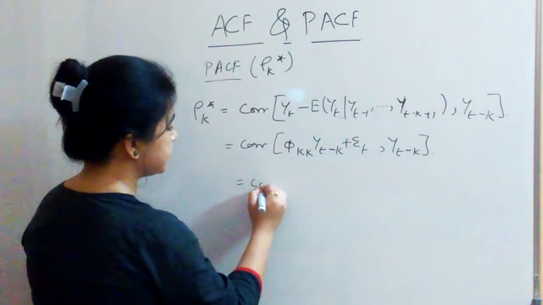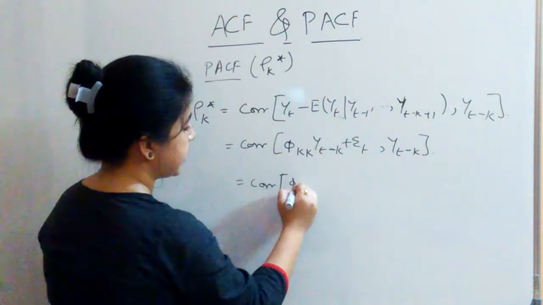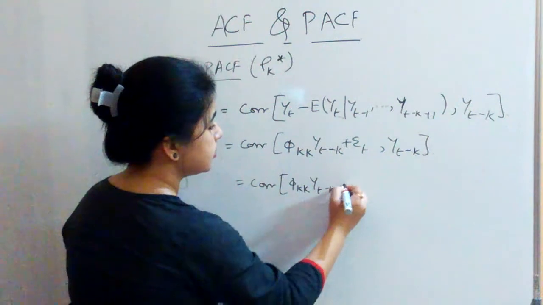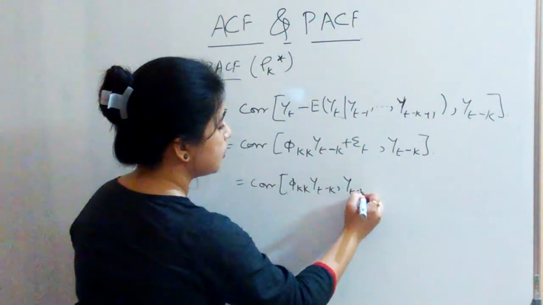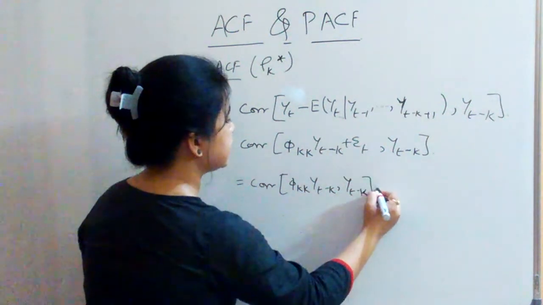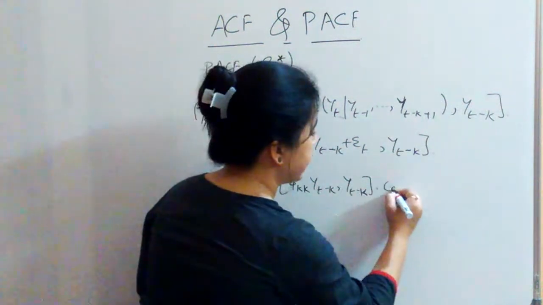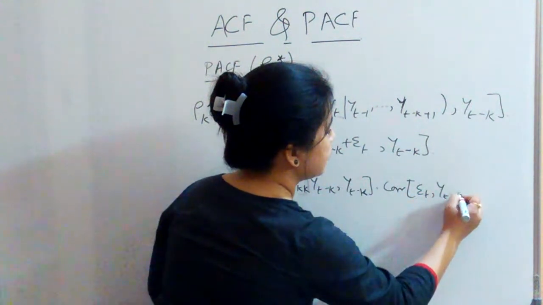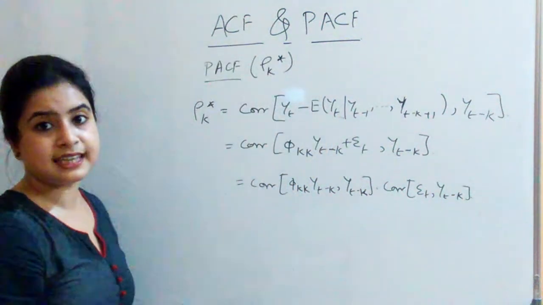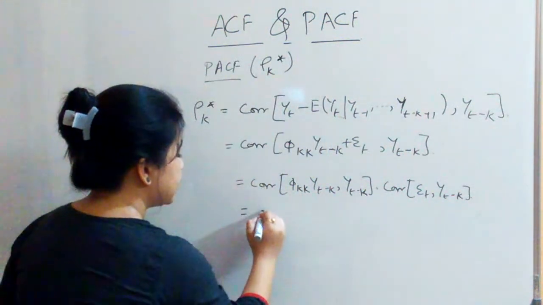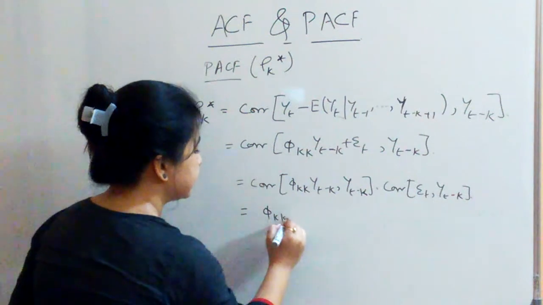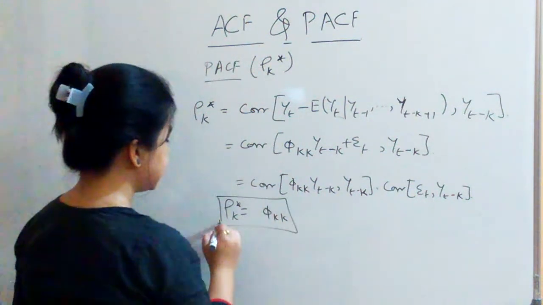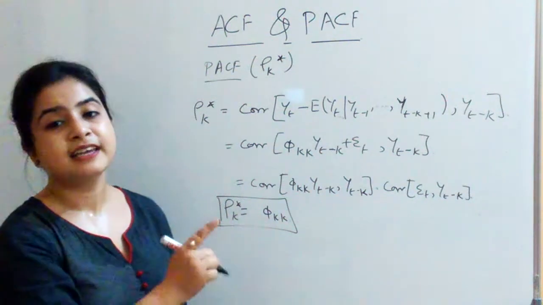Now if we simply multiply it over here, yt minus k, this is one term, and the correlation between epsilon t and yt minus k. So here we are finding that the partial autocorrelation function is nothing but phi kk.